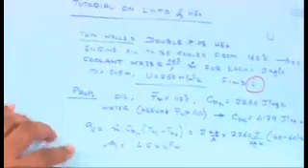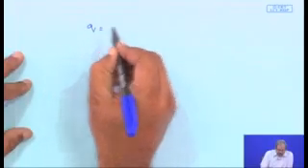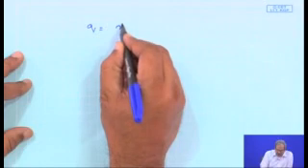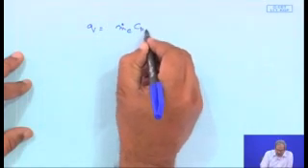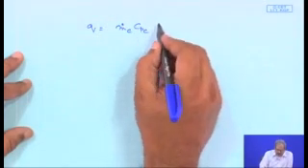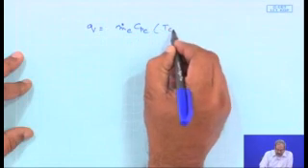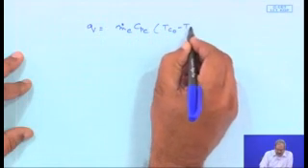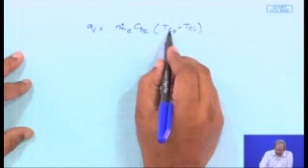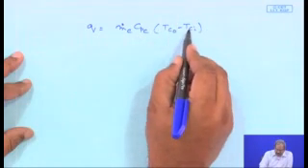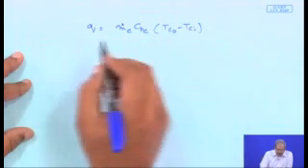Now I use this value of Q and apply it for the case of the cold fluid. This Q is also going to be equal to m dot Cp of the cold fluid multiplied by Tc out minus Tc in, the temperature of the cold fluid at the outlet minus the temperature of the cold fluid at the inlet.